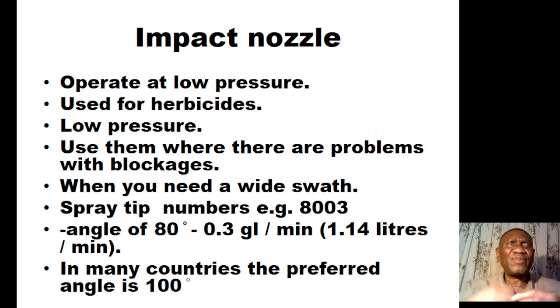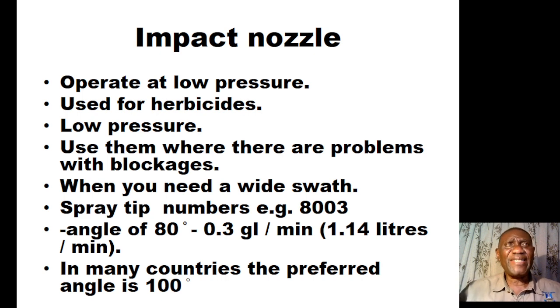If there are problems with the blockages, which can be serious when you are spraying herbicides, or if you also need a wide area to spray, which is a wide swath, you use an impact nozzle.